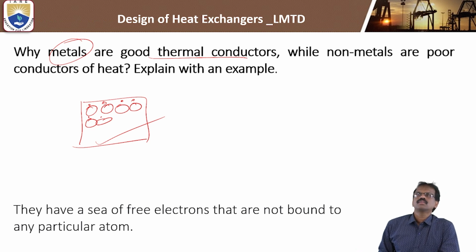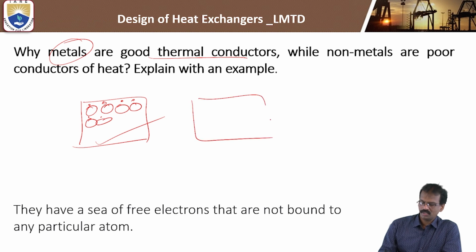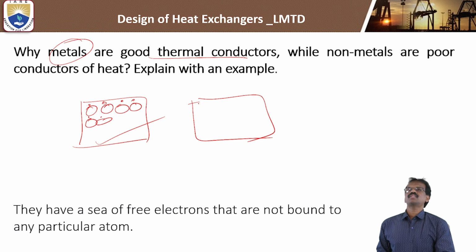But non-metallic conductors, meaning insulating materials, are solids whose particles don't have any free electrons. Due to this, heat doesn't transfer from one particle to another. Because of this, those solid non-metallic objects act as insulating materials.